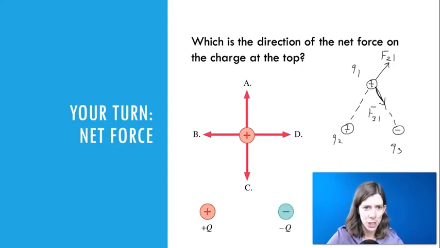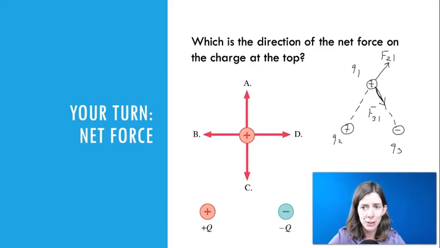So now the question is, well, what is the net force if you have one force up and to the right and one force down and to the right? Do you remember your vector addition tricks that you learned that you can do without any numbers? Do you remember the tip to tail method? Let's give it a shot.